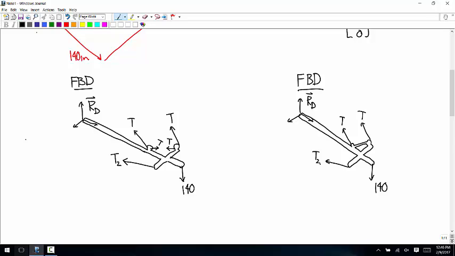The difference is that in this one, the isolated body didn't include any of the cable. And so I had to, in my free body diagram, apply a cable force going this way from the pulley, and on this pulley, a cable force going that way. On the second one, the body I isolated included a piece of that cable that went between those two pulleys.